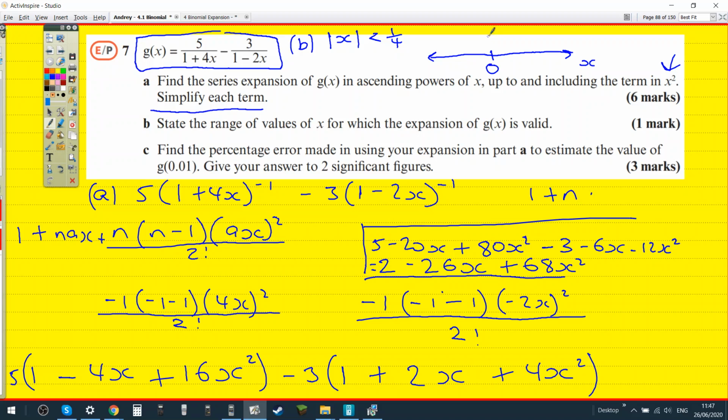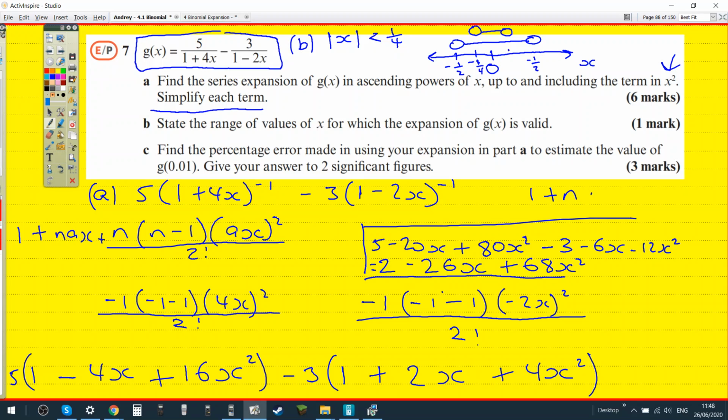Yeah, I was doing inequalities with Yana. From minus a half to positive a half, at GCSE it looks like that. Yep. And so the second expansion is only valid for these values. The first expansion is only valid from minus a quarter to plus a quarter.